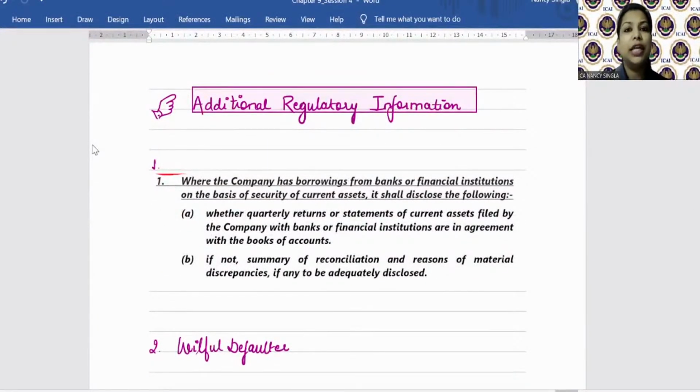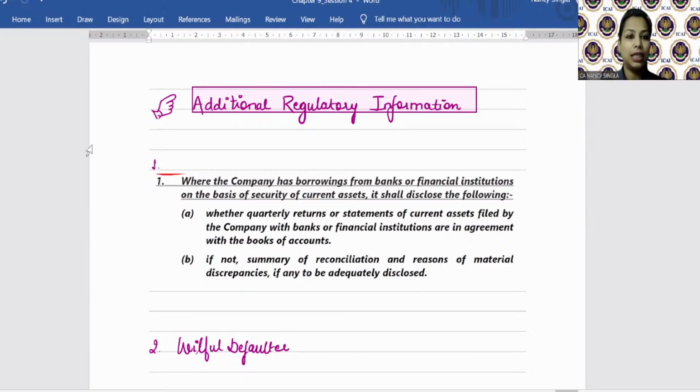in the amended Schedule 3, which was effective from 1st April 2021, there was certain additional regulatory information that companies were required to give in their financial statements. The disclosure requirements given in Part 1 and Part 2 of Schedule 3 to the Companies Act 2013, we have discussed: how to disclose share capital, how to disclose reserves and surplus.